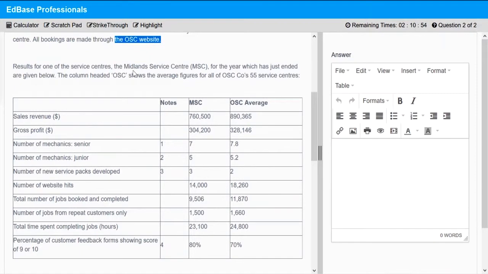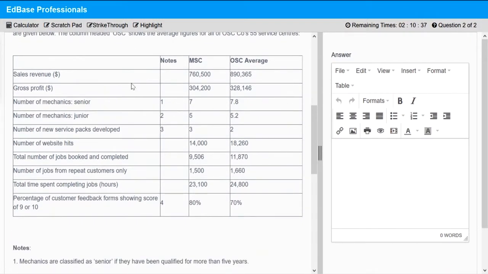So results for one of the service centers, the Midland Service Center or MSC, for the year which has just ended are given below. The column headed OSC shows the average figures for all OSC company's 55 service centers. So here we have the financial data: the sales revenue, the gross profit, number of mechanics senior, number of mechanics junior, number of service packs developed, number of website hits.